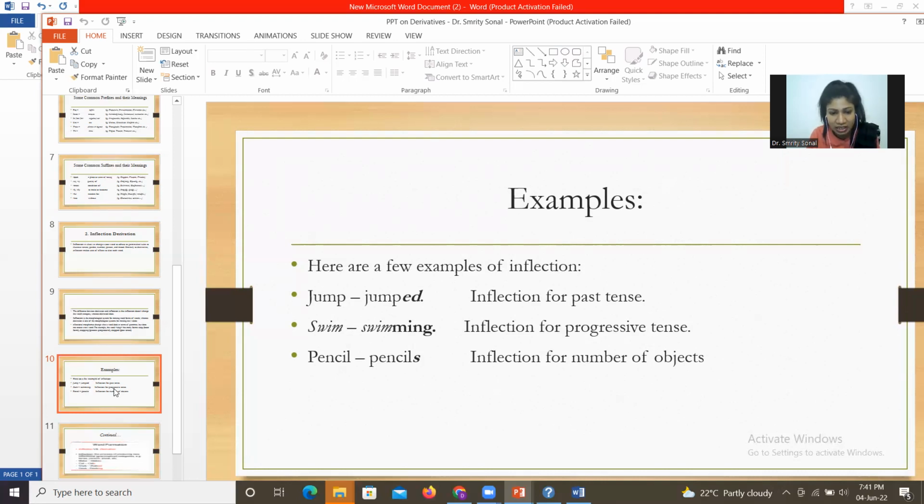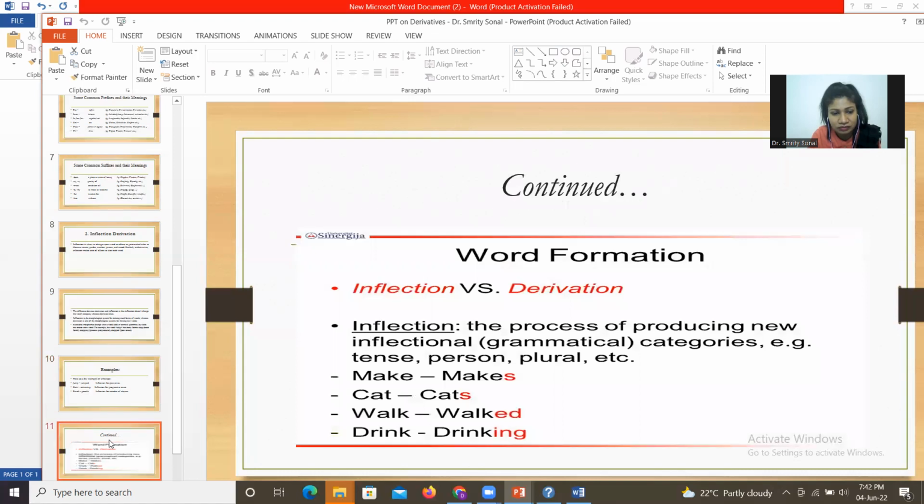Swim, swimming, pencil, pencils. So pencil is the singular noun, pencils becomes a plural one. So we see a change in grammatical category, and that makes it inflectional derivation. Now, we can see a few more examples for inflectional and derivational.